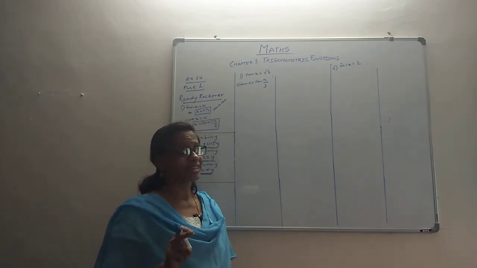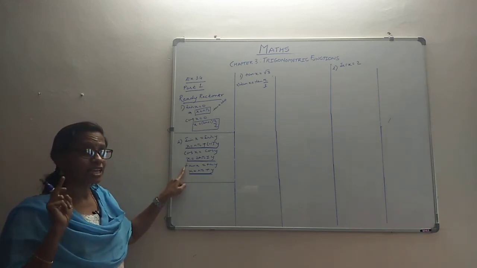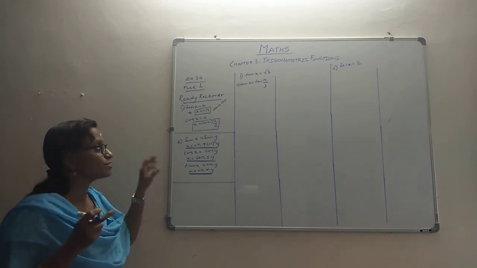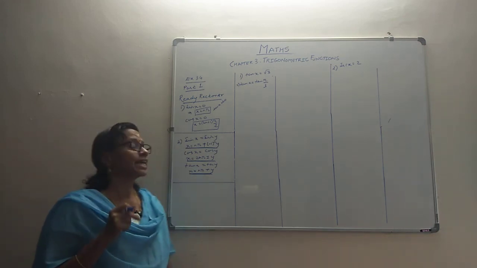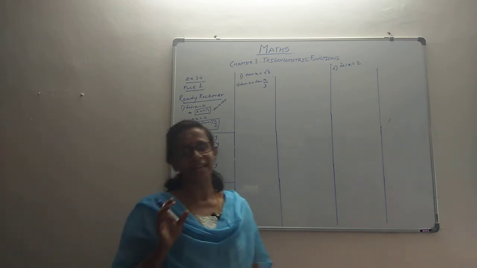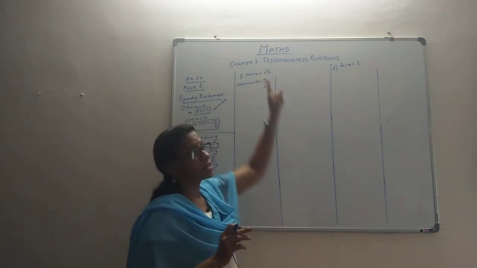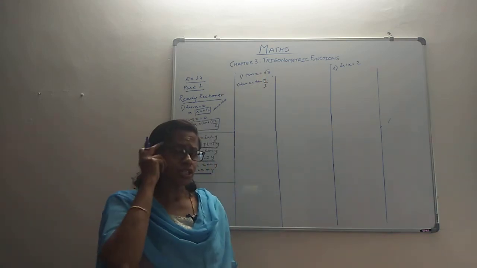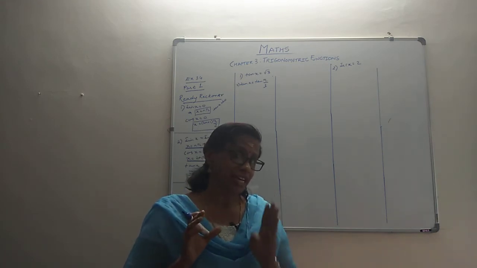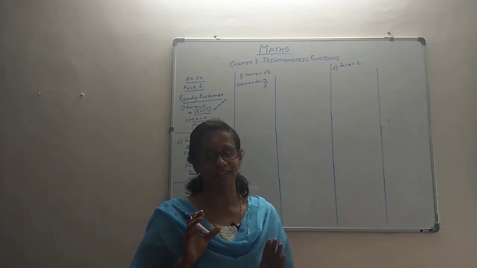Why have we written it like this? Because we want it to fall into this category: tan x equal to tan something, then only are we able to predict the solution. Here, because this trigonometric ratio is positive, just look, in which quadrants is tan positive? Tan is positive in the first quadrant and in the third quadrant.